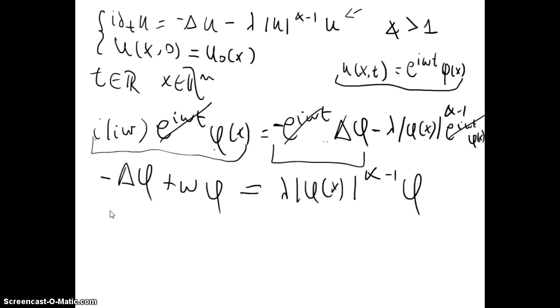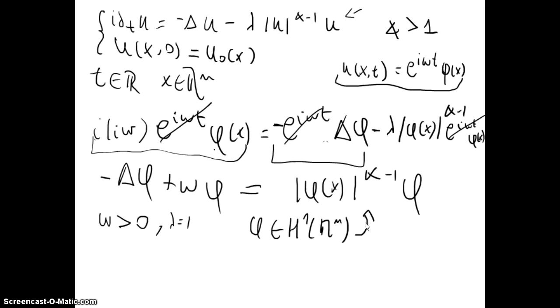Okay, and now we want to consider the solutions of this problem with omega positive and lambda equal to 1. Okay, so this is going to be the problem of finding phi in H^1(R^n) such that it satisfies this equation.